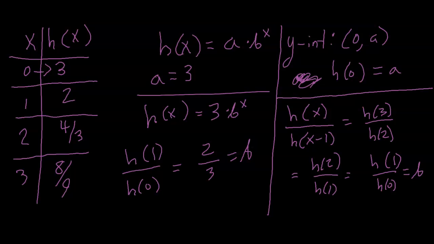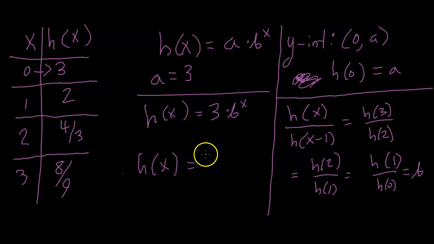So let me make some room to write that down. We already know h of x is equal to 3 times 2 over 3 to the x power.